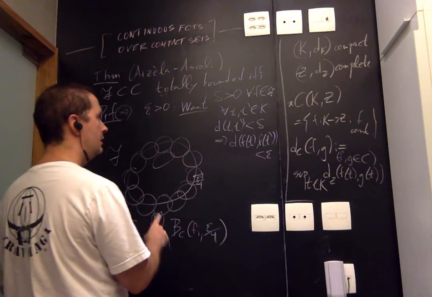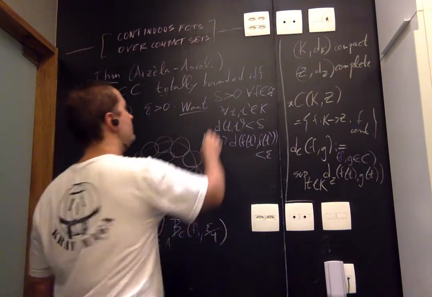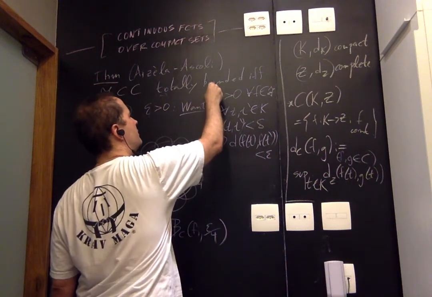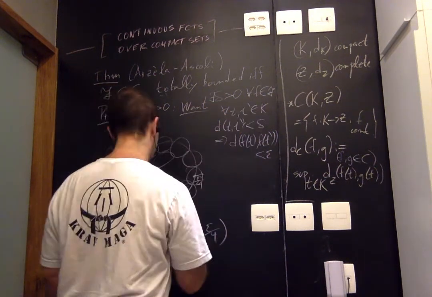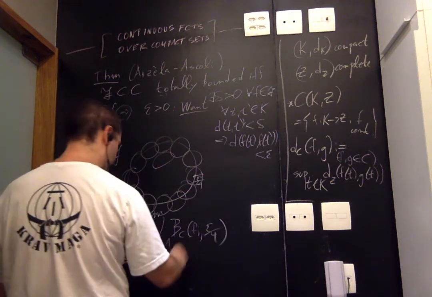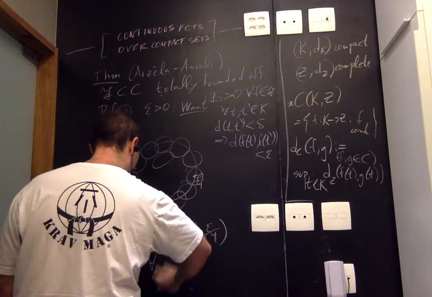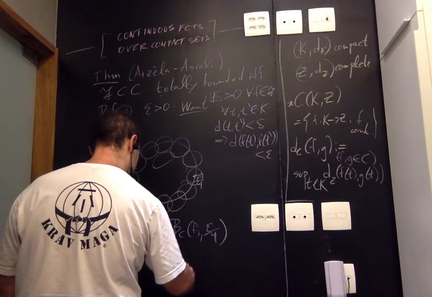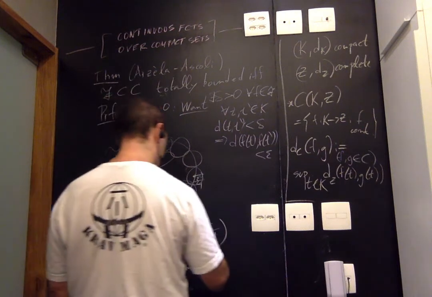So I'm going to take epsilon over 4. And notice that in principle, it's hard to find this delta that works for all f. But there exists a delta such that for all f sub i, for all i here, I have this sort of inequality.